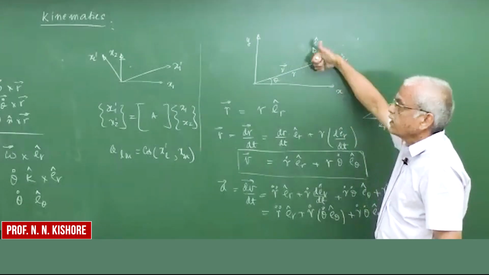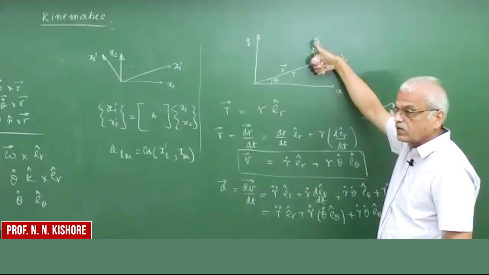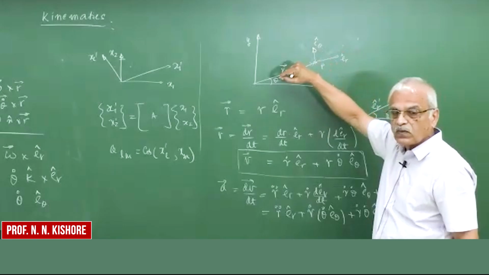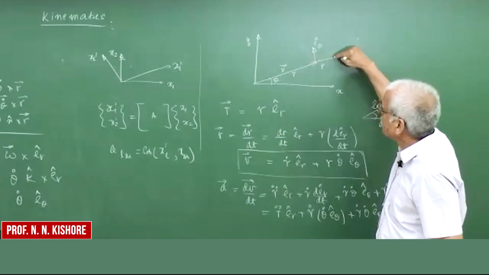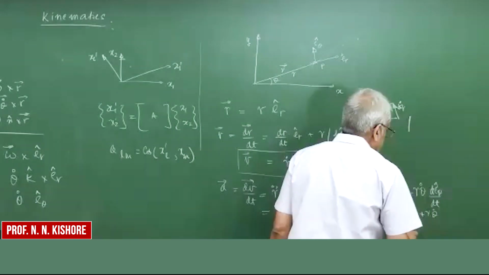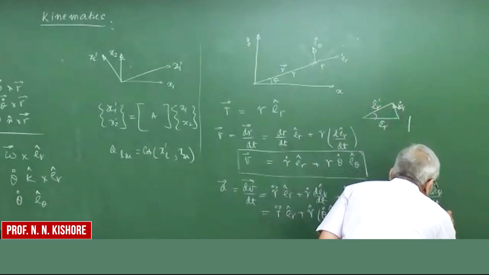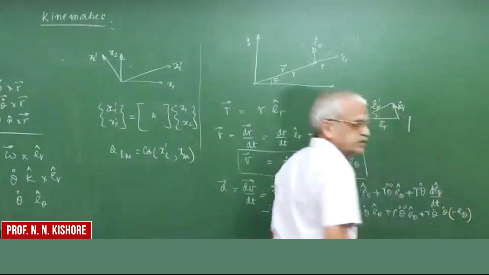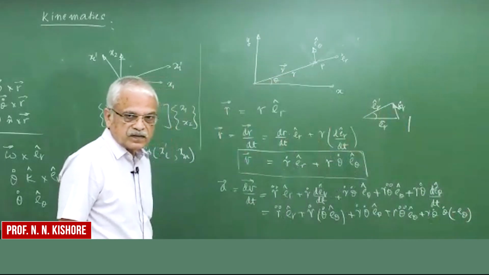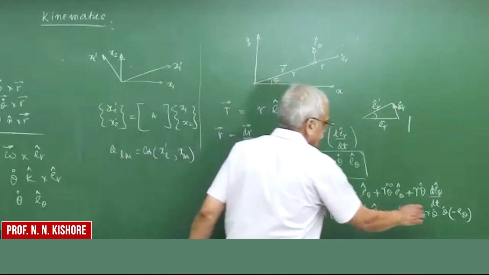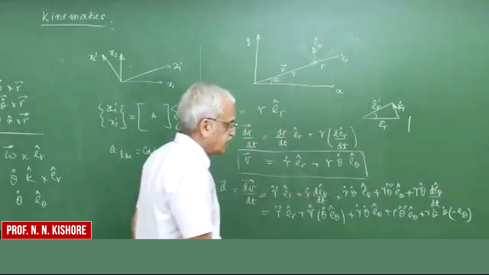If you take a cross product k cross e theta, then by the right hand screw rule it moves perpendicular to this, in this direction, which is minus er. So it is theta dot minus er. Right? So that is this part.